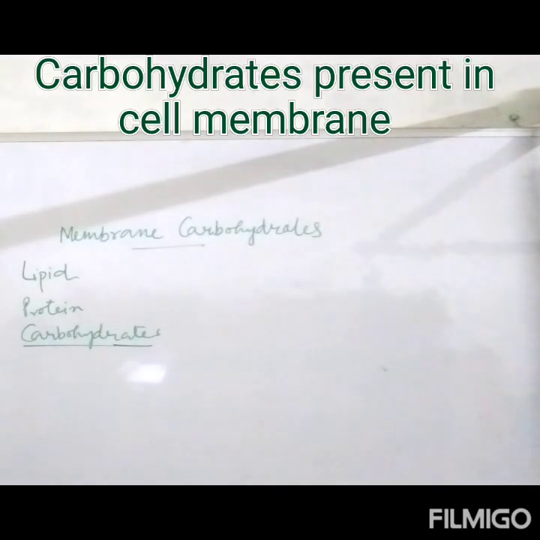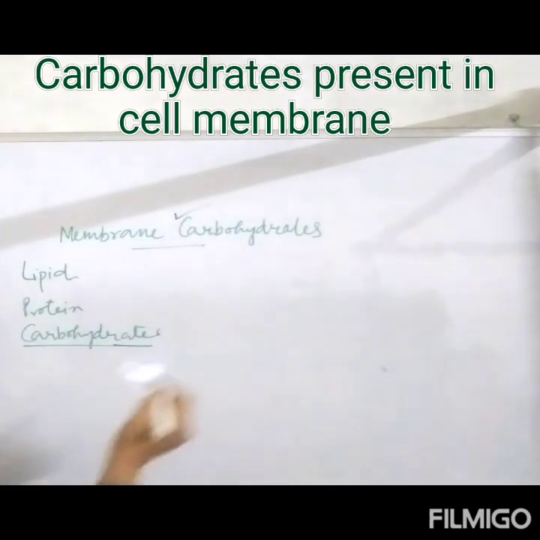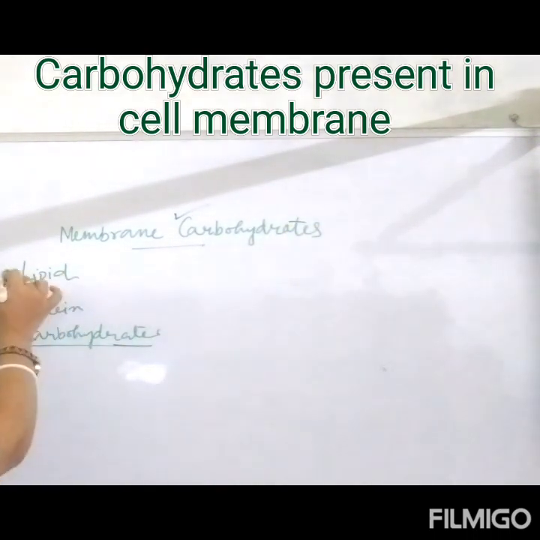Today I will discuss one of the important things, that is the carbohydrates which are present in the cell membrane or the plasma membrane. Basically, we know that the plasma membrane is made up of lipids, proteins and carbohydrates, and we know about the lipid bilayers.